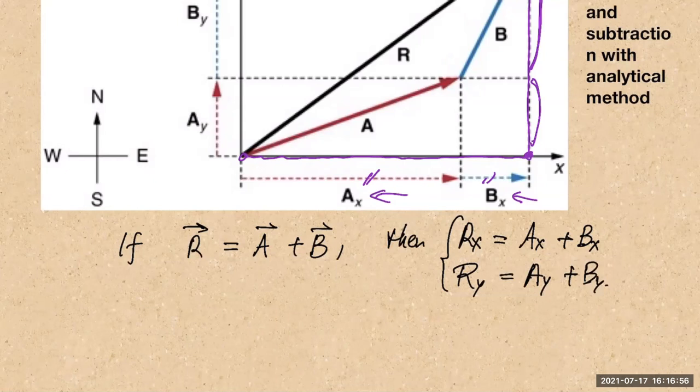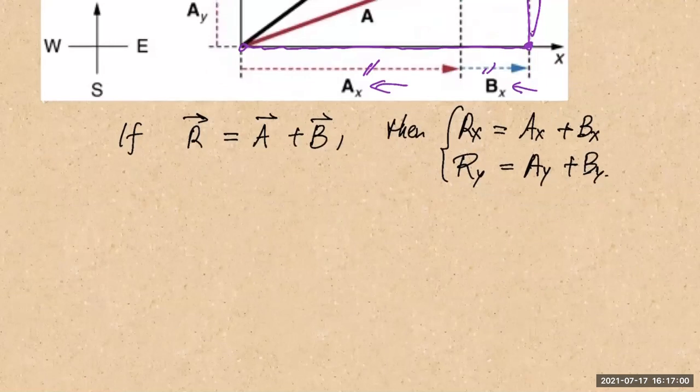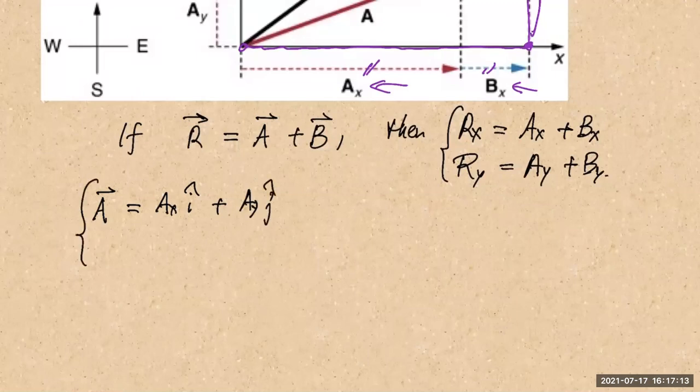Now, we can easily show that by using the expression that we just obtained, and that is, I know what A is. A can be expressed as A sub x i plus A sub y j, and then similarly, B, I can write in component form, B sub x i and B sub y j, right?